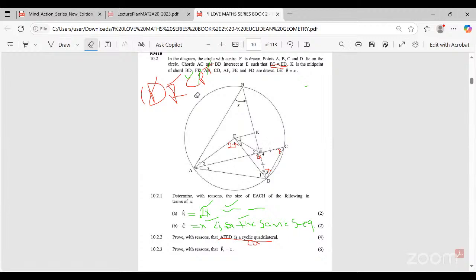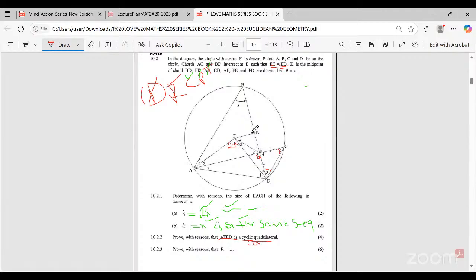Okay, this is 90. Do you agree if I say this is 90 degrees? Yes, sir. What's the reason? Line from center to midpoint of a chord is perpendicular to the chord. Absolutely correct. Then let's see what we can do. We have that 90.